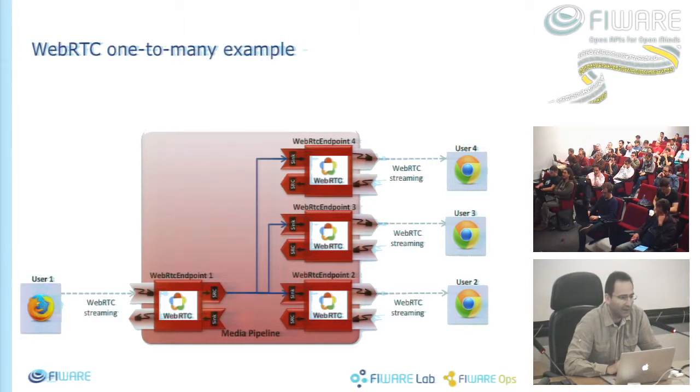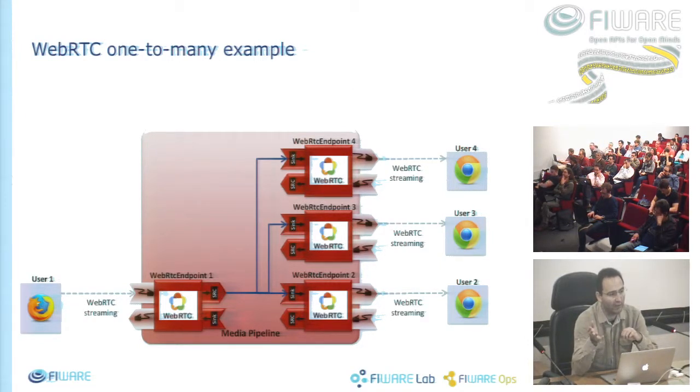So basically the idea for implementing one-to-many applications is that I need one WebRTC endpoint for receiving the stream. This is the WebRTC endpoint on the left. And as many WebRTC endpoints for sending streams as viewers are in the system. And given that I can connect the media elements in the way I want, the Kurento API does not restrict how I connect media elements.